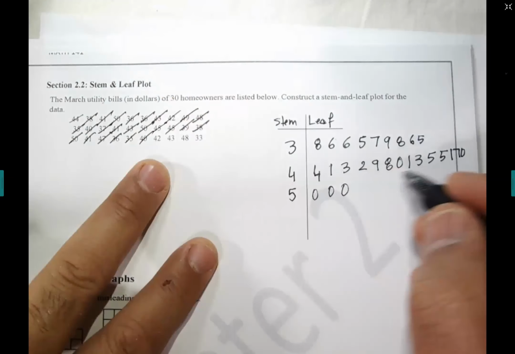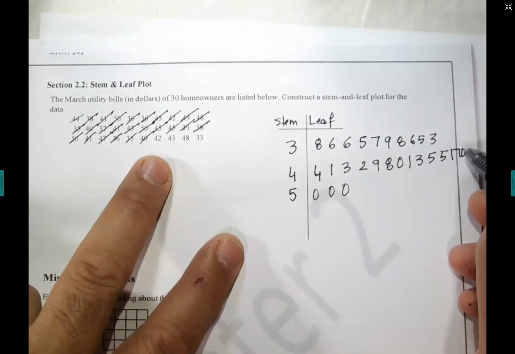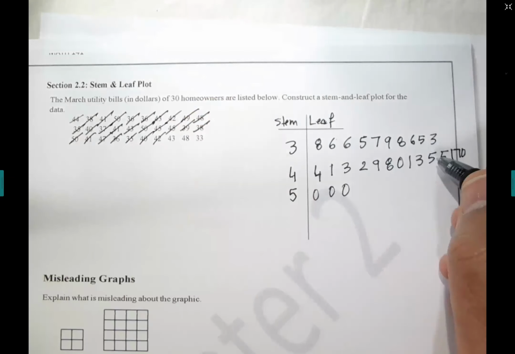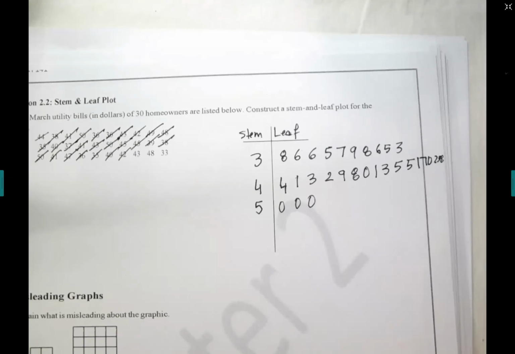I have 33. Then I need 3, 8, 2, 3, 8, 42, 43, 48. So 2 and 3 and 8. Let's assume they're there. This is what we call a stem and leaf plot.